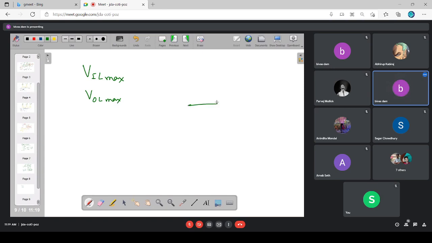This is your 0 volt and this is your 5 volt. So VIL max means I am ensuring that up to this voltage level, I will be treating that to be 0. So definitely, if the input voltage is somewhere here, that will also be treated to be logic 0. But I cannot guarantee that the input will be treated to be logic 0 if it is above this.